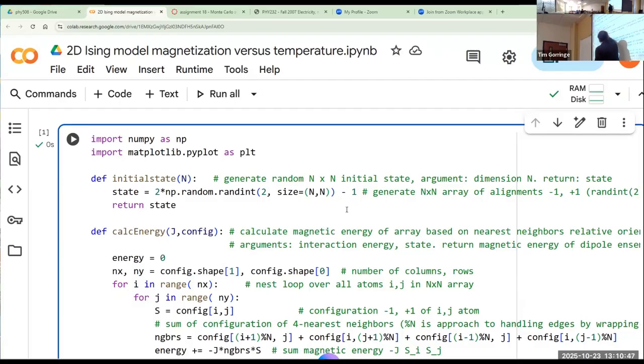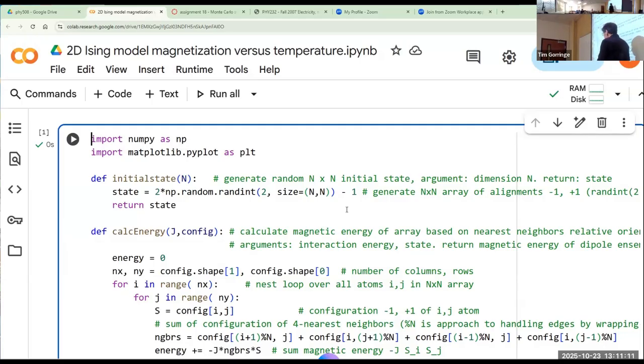So to initialize the starting microstate of the dipoles, I'm going to later call this function initial state. The argument here is the size of each dimension of the two-dimensional array, so it's an n by n array. I'm just passing the size of the array.